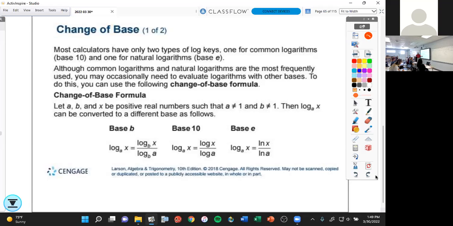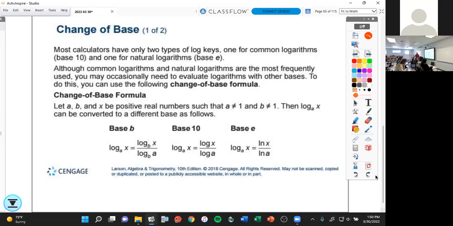So log base a of x is equal to log base, whatever you want to use, of x divided by log of a with the same base. It doesn't matter what base you choose, but you must have the same base in both. So log base a of x is equal to log base b of x divided by log base b of a.